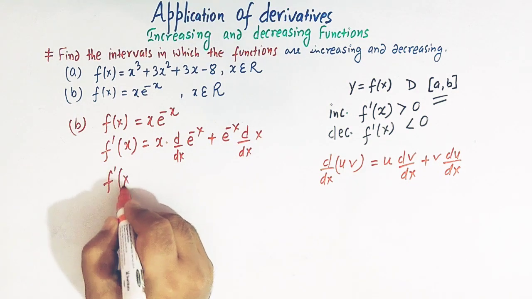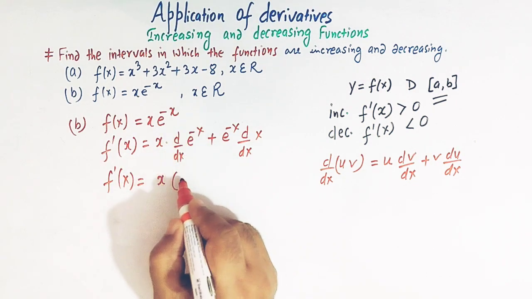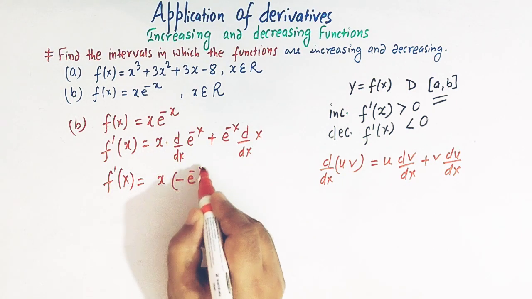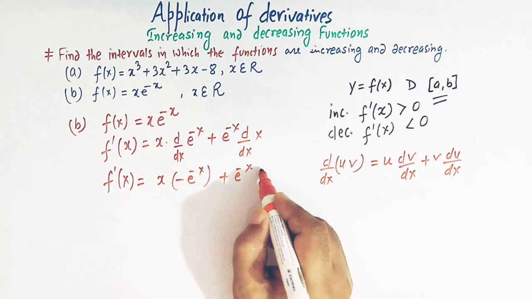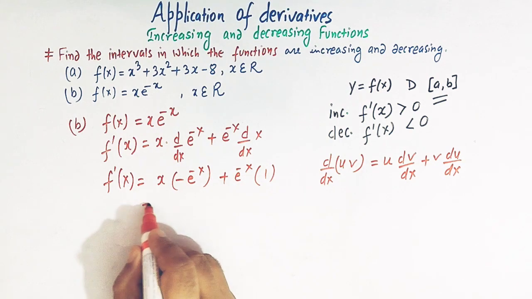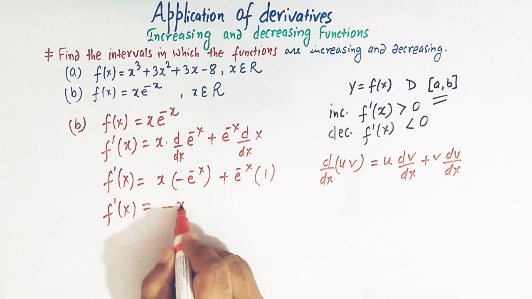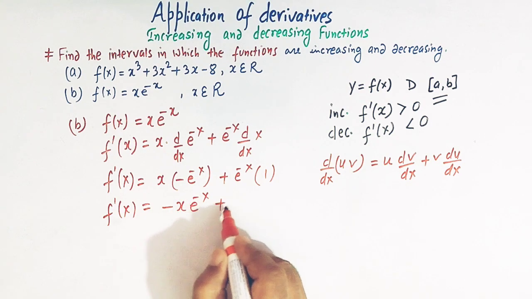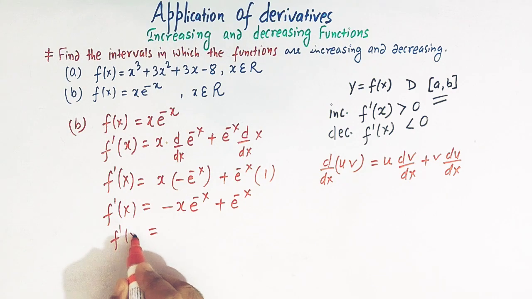So f prime of x is equal to x times the derivative of e raised to minus x, which is minus e raised to minus x, plus e raised to minus x times the derivative of x, which is 1, right? So we have f prime of x is equal to minus x e raised to minus x plus e raised to minus x. So this is f prime of x.